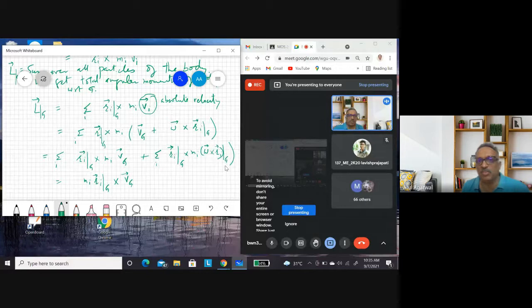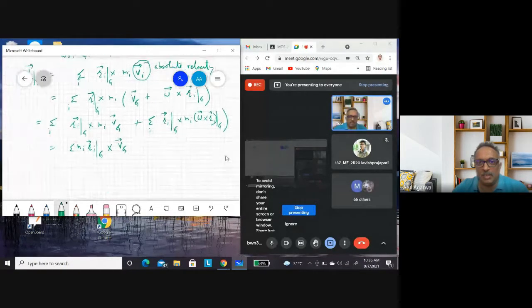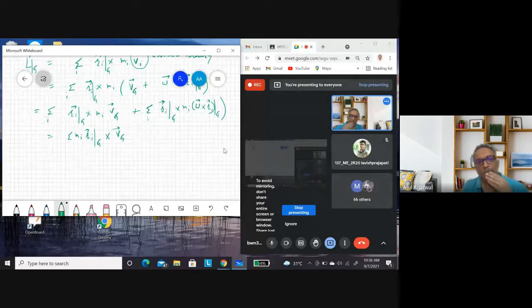It is absolute velocity of the centroid with respect to the fixed coordinate system. So what is sigma MiRi? This will be basically centroid of the body.